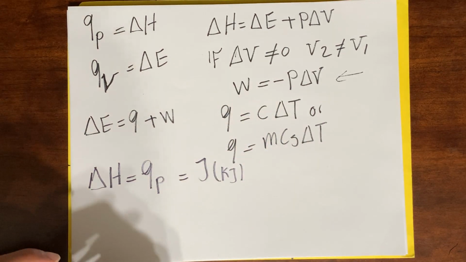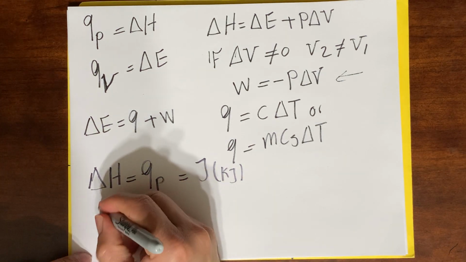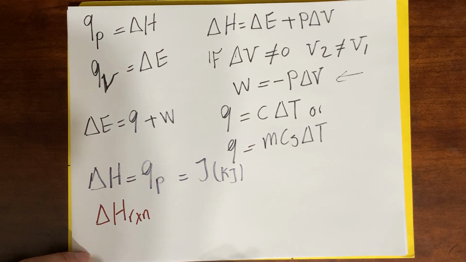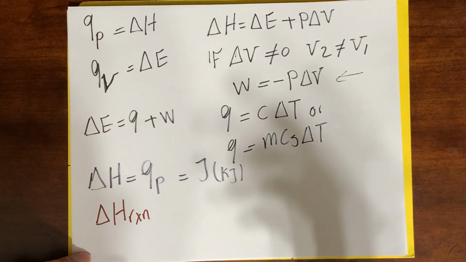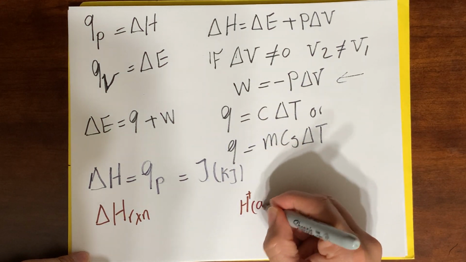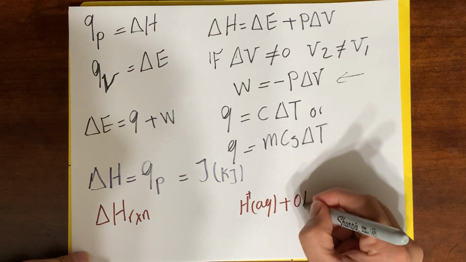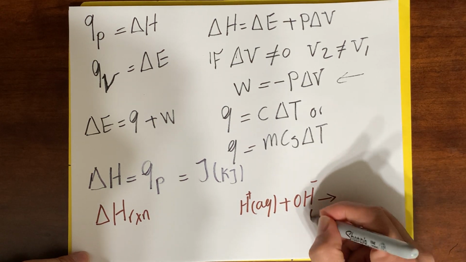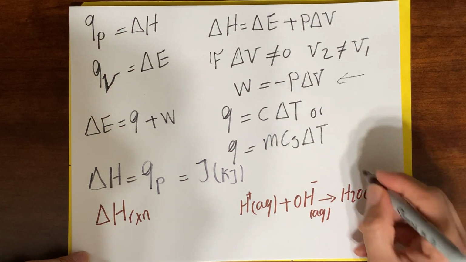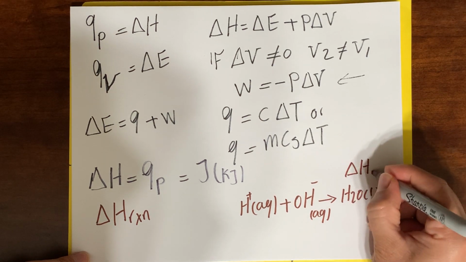But if you want to calculate delta H for a specific reaction, let's say you have a balanced reaction, for example H plus OH gives H2O liquid, and you want to know the delta H of this reaction.